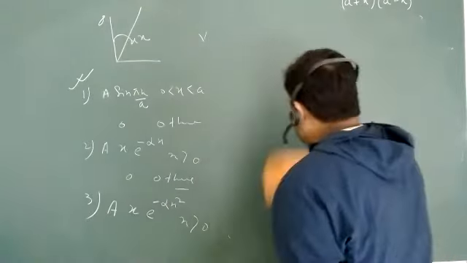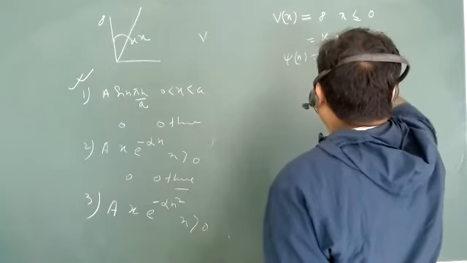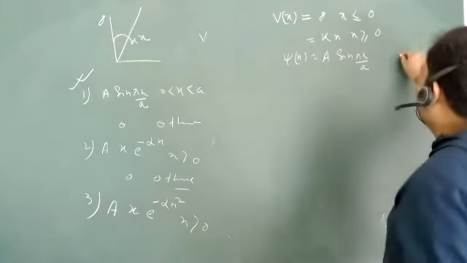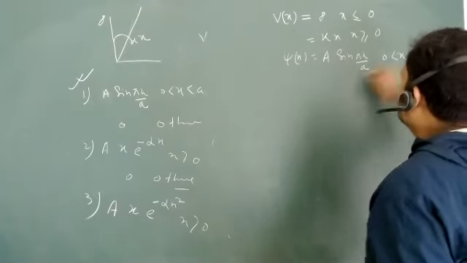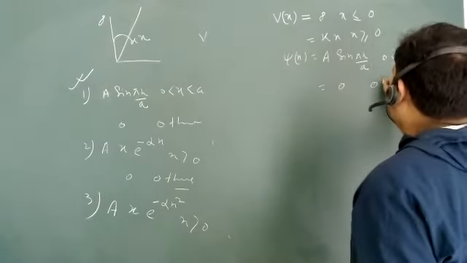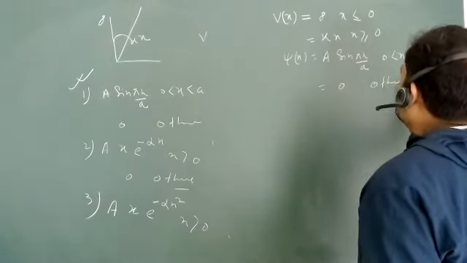The guess wave function is A sine pi x upon a, where x is between 0 to a and 0 otherwise. Okay, चलो. What will be your normalized psi x? √2 by a sine pi x upon a.